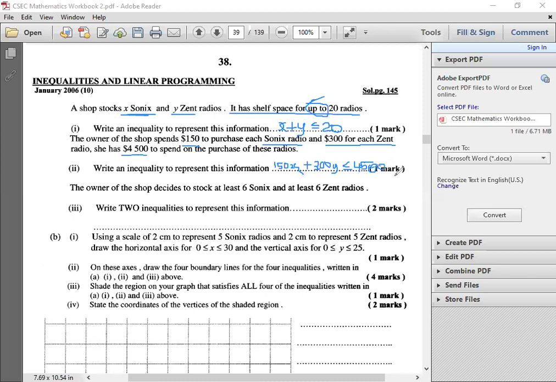This figure is too big a figure to graph. So we have to simplify our equation. To simplify the equation, I am going to divide the equation by 150. So I would get x plus 2y is less than or equal to 30.